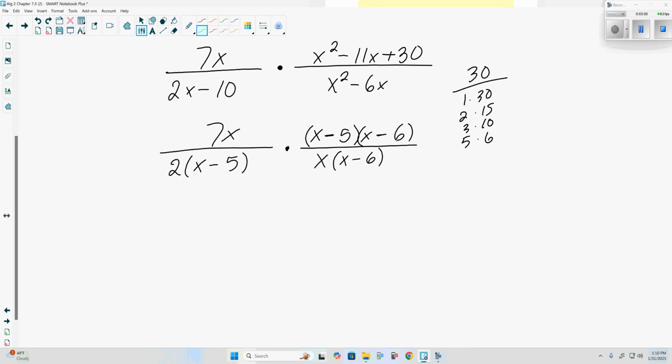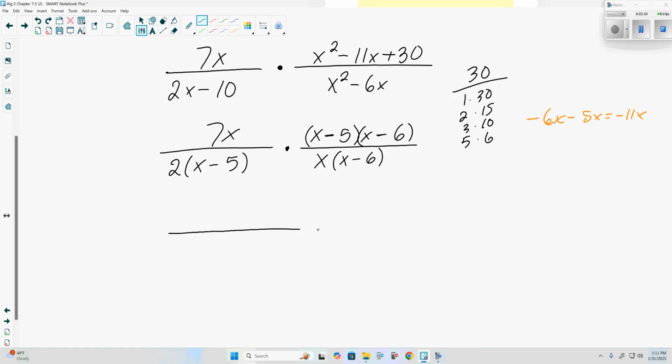Since they're both negative, x minus 5, no matter which way we put them, we have the exact same thing. And if we check, x times negative 6 is negative 6x. Negative 5 times x is negative 5x, giving us negative 11x. So those are indeed the correct factors.